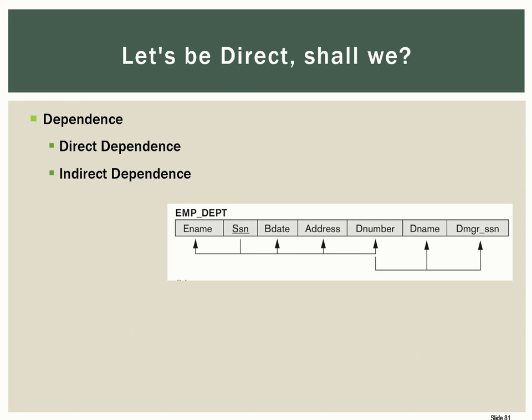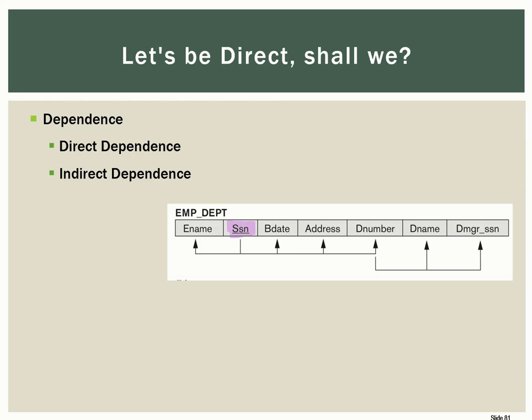As a reminder, it is good to understand the different levels of dependency. So let's talk about dependence. This is our employee department table. It's not good, it's not normalized, but it does represent a good example for us to try out dependencies. If we look at this, the Social Security number is the key of this table, and then everything depends on that. And by dependence, we mean that there's only one answer for every Social Security number.